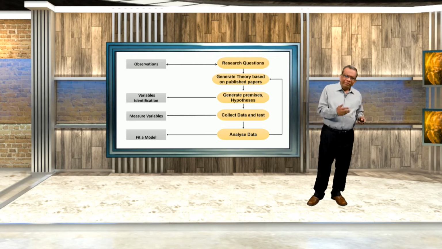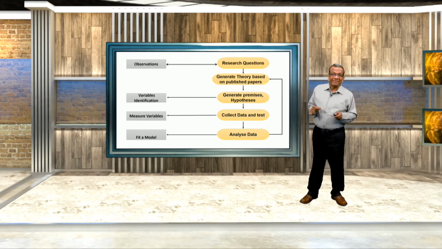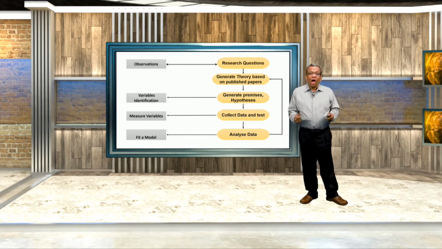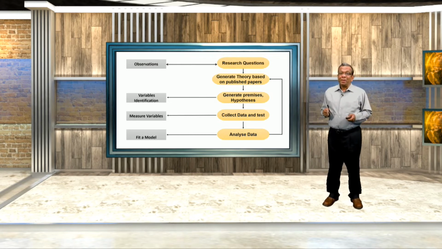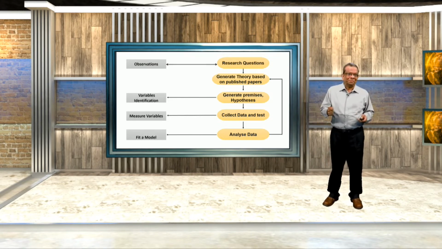Therefore, we will be studying seminal studies on what kind of research design will be most suitable by way of a methodological fit. You will see that as we go on, there will be a separate lecture on methodological fit.